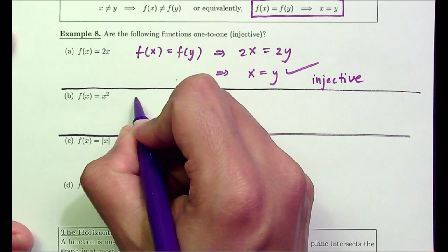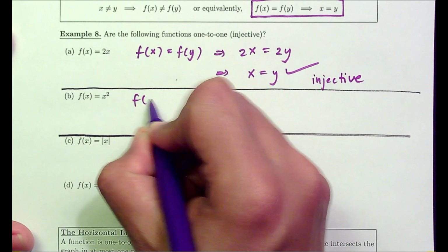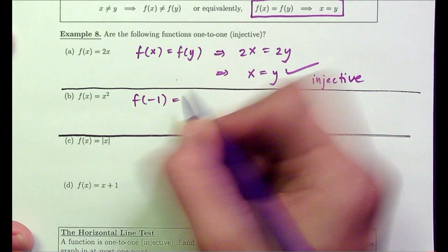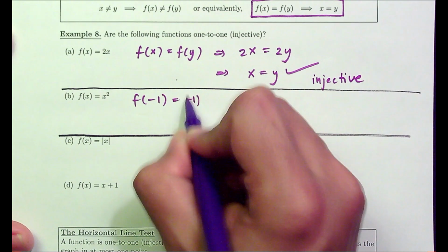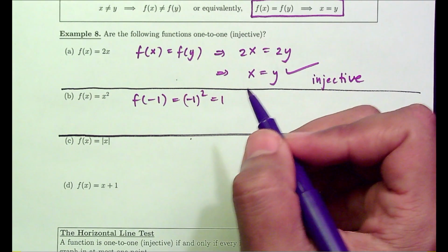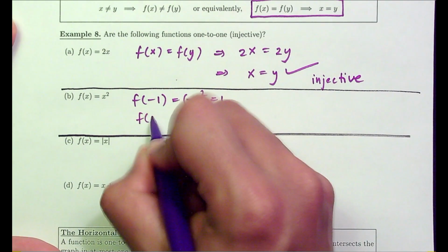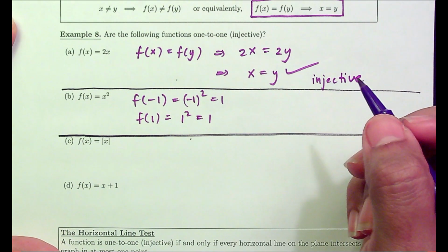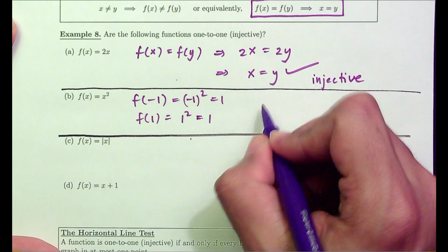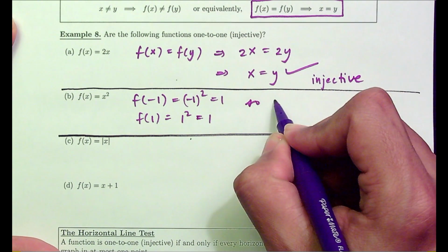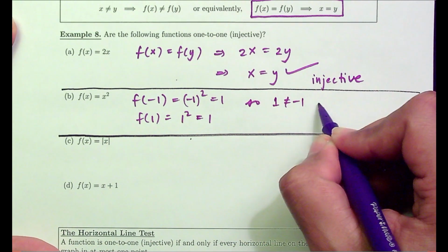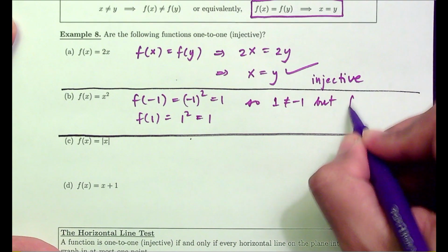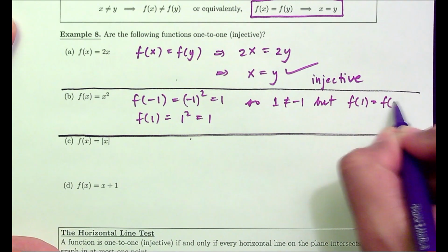For example, if you plug in -1, you get -1 squared, which is 1. If you plug in +1, you also get 1. So there are two different numbers, but they have the same output.